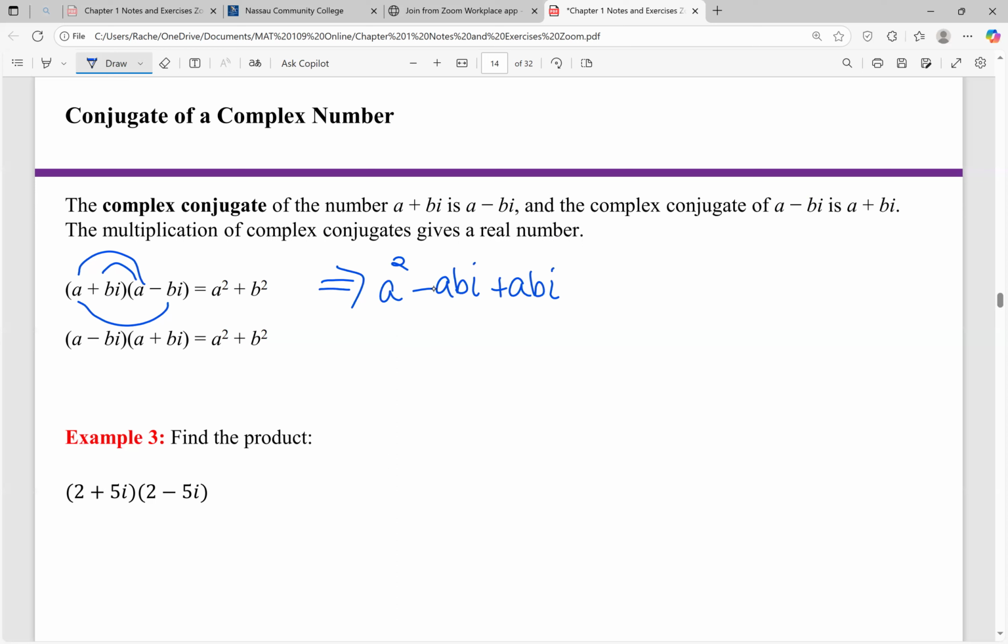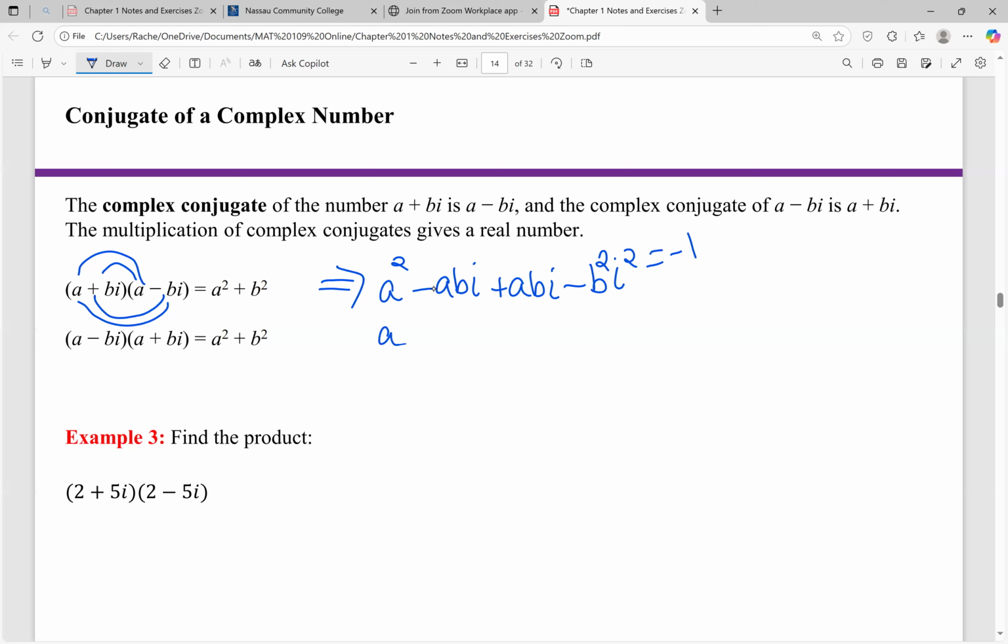And now I have to multiply my last terms, which are always going to be negative, right? Because you're multiplying a positive times a negative with the conjugate. So it's going to be negative bi times bi, which is b squared i squared. And don't forget, i squared is equal to negative 1, right?